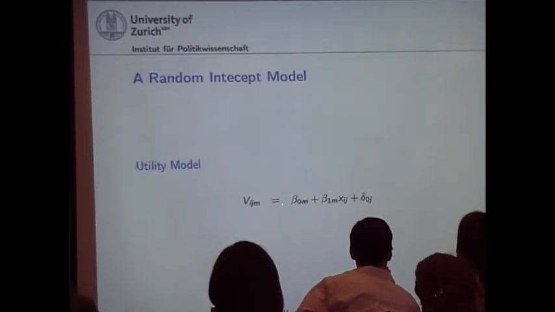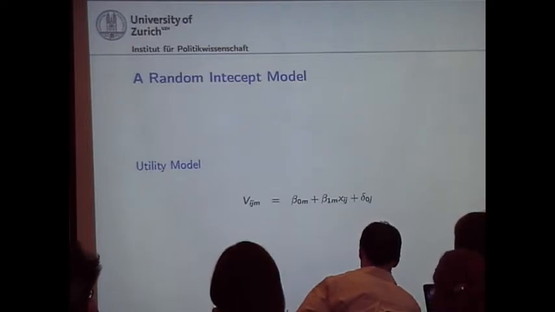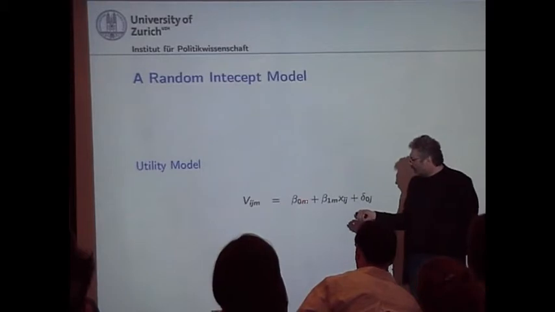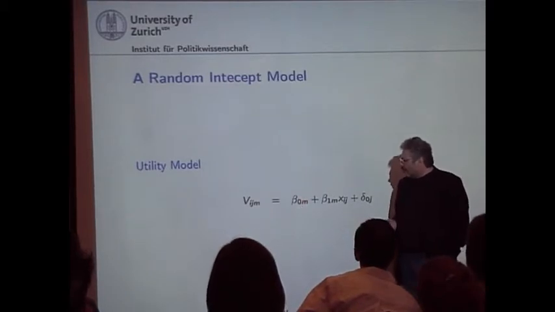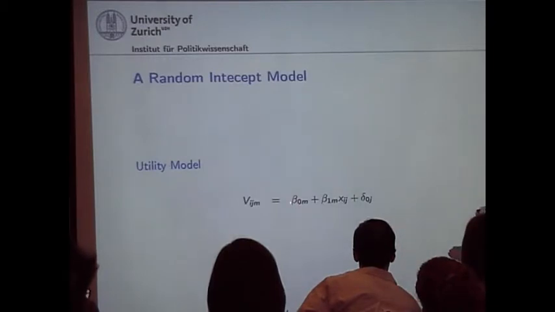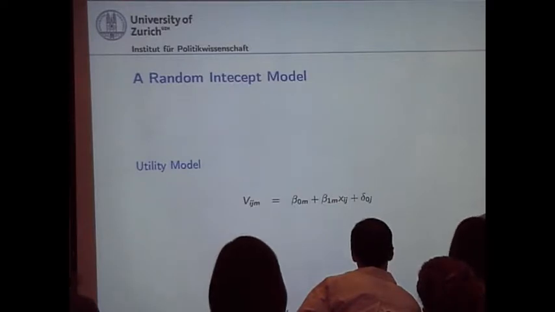So you can think of this beta 0m component and this delta 0j component in conjunction as being some sort of moving around of the party fortune in different districts. So imagine that we have a situation where the Labor Party really does poorly in a district. Then we have beta 0 for the Labor Party, and then we may have just a very negative delta 0j in that particular district.